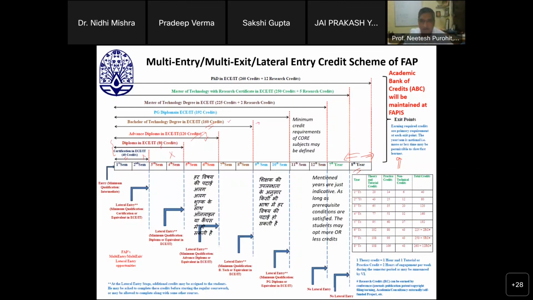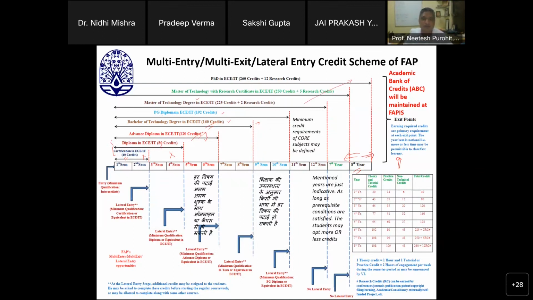And by studying more, he earns more credits. Then after 192 credits, there is a provision, and after 225 credits, the MTech degree should be there. And he may even choose to continue studying till he earns the PhD.